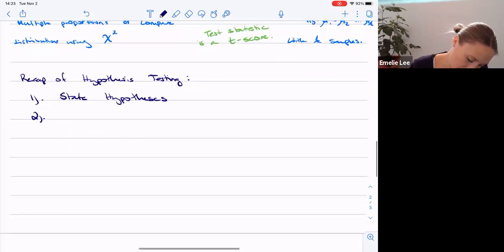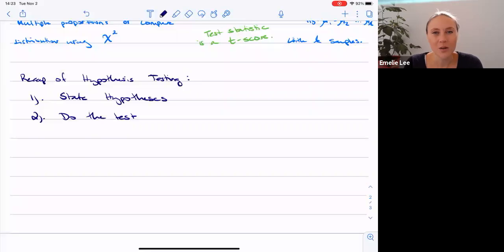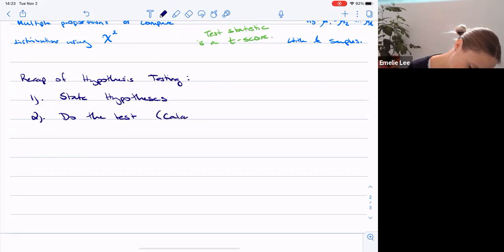The second step is going to be do the test, right? Which is basically calculate the test statistic, but I think do the test sounds more fun. And so this is really just saying calculate the test statistic.